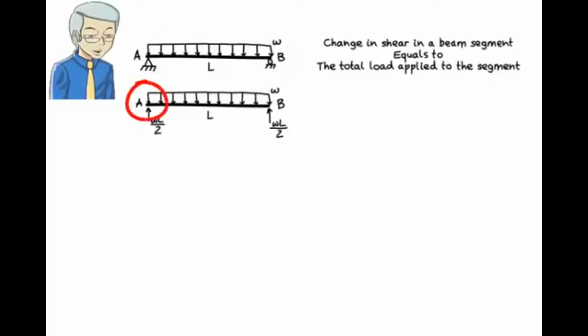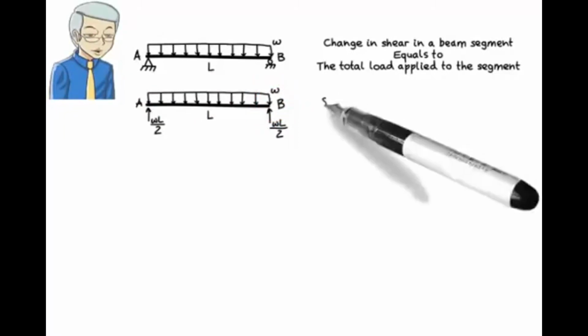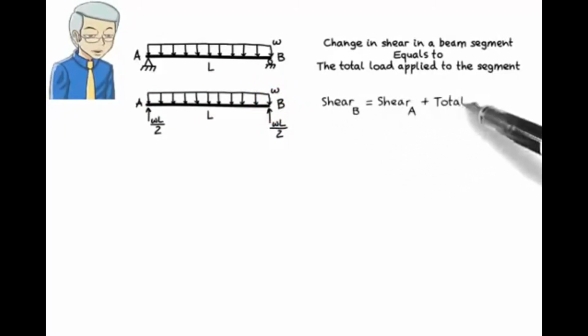So if we know shear at A and we know how much load is being applied to segment AB, then we can easily calculate shear at B. That is, shear at B equals shear at A plus the total load applied to the segment.